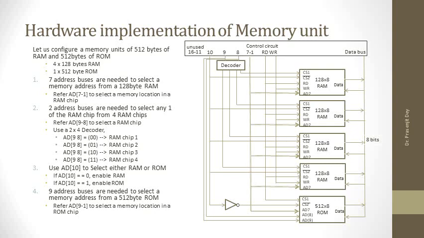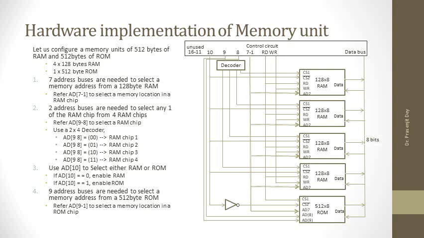Similarly, you can see address line 10. If address line 10 is 0, then 0 will be fed into the CS2 bar input port of all the RAM chips, so obviously it will enable all the RAM chips. But if address line 10 has the value 1, you can observe a NOT gate in front of the ROM chip, so it will negate the 1 to 0, and feed it into the CS2 bar input port of the ROM chip, and it will enable the ROM chip.